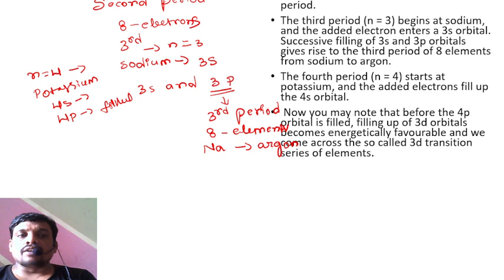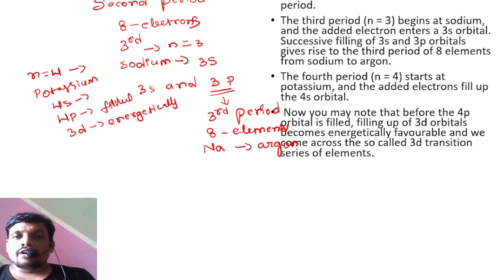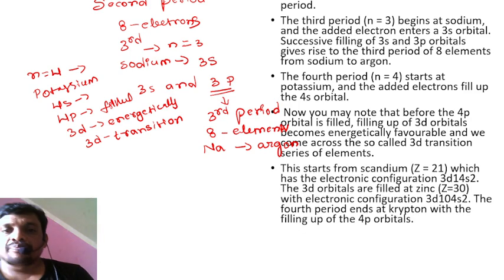Before the 4p orbitals are filled, filling up of the 3d orbitals becomes energetically more favorable, and we come across the 3d transition series of elements being formed.